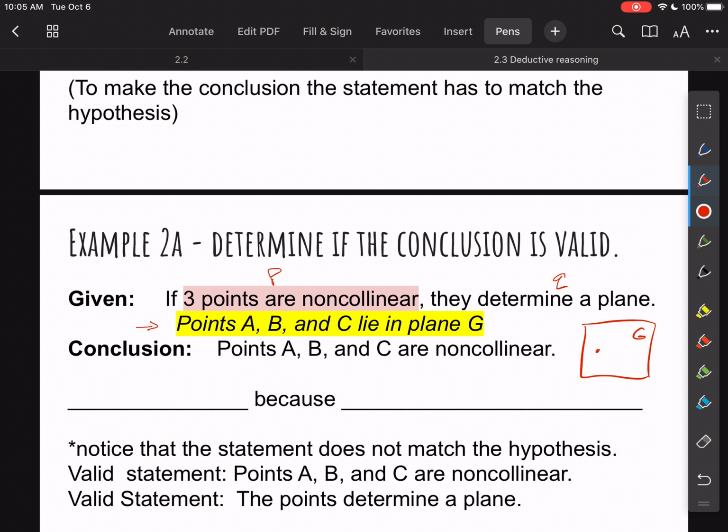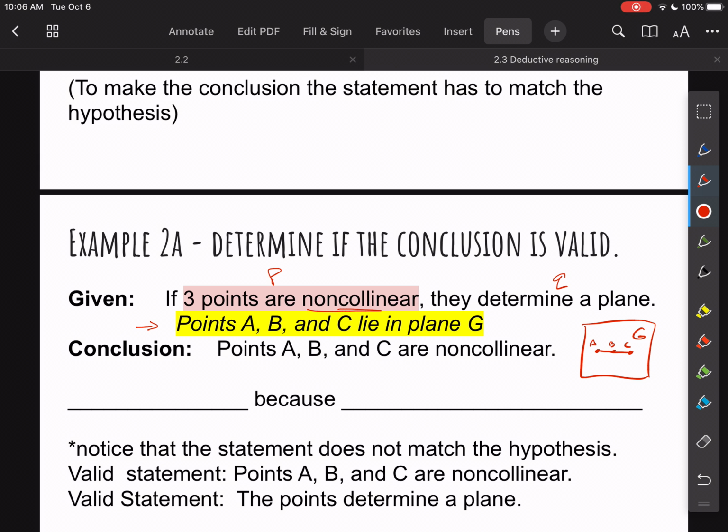It just says A, B, and C are in the plane. Couldn't I have A, B, C in the plane and them be collinear? Couldn't they all be on the same line? They could be, right? So notice on this one, it doesn't say anything about A, B, and C being non-collinear. So we can't determine that they make up a plane or not, because they don't tell us whether or not A, B, and C are non-collinear.